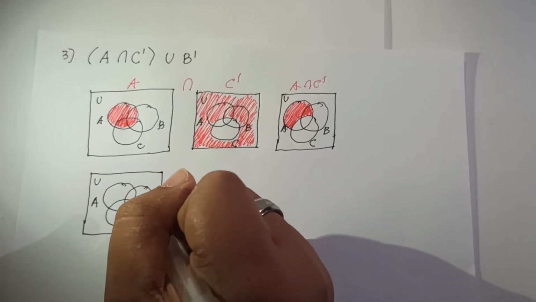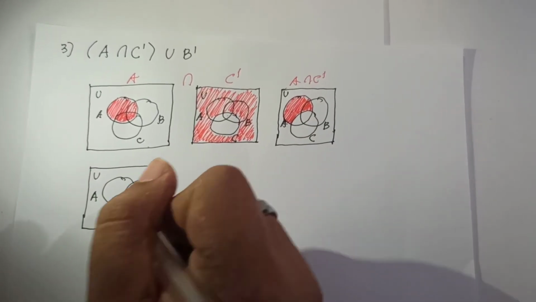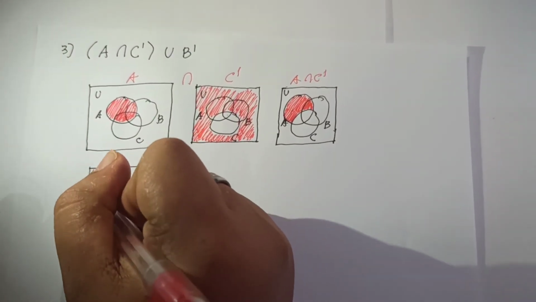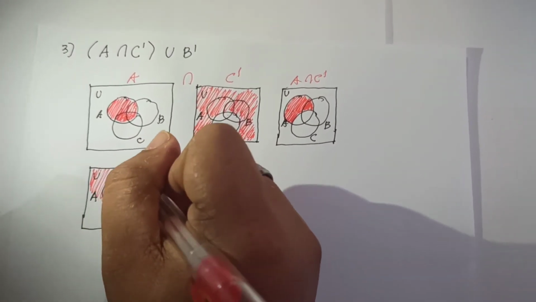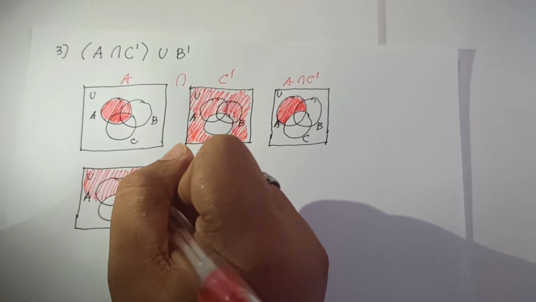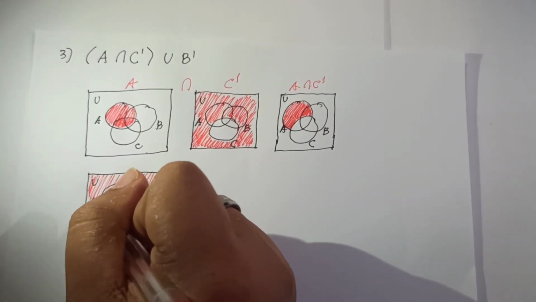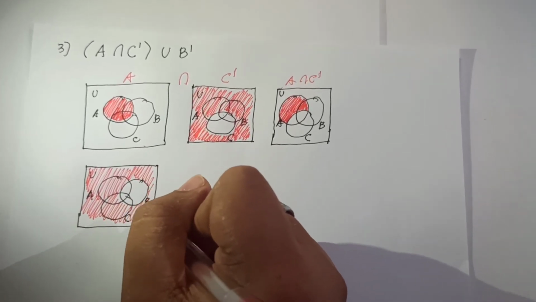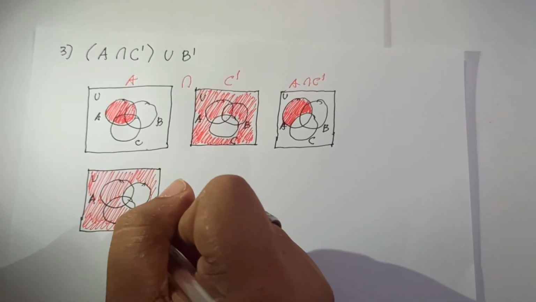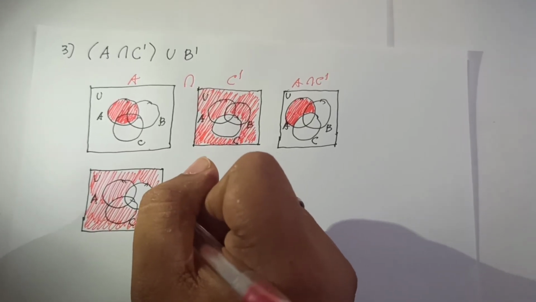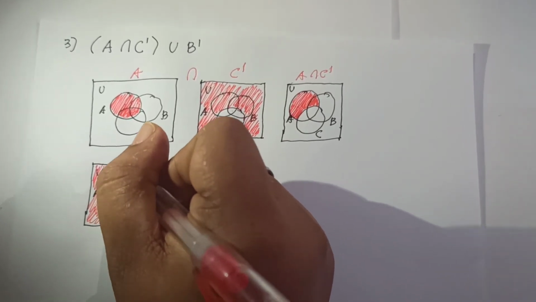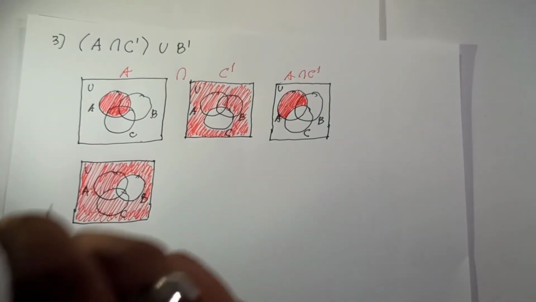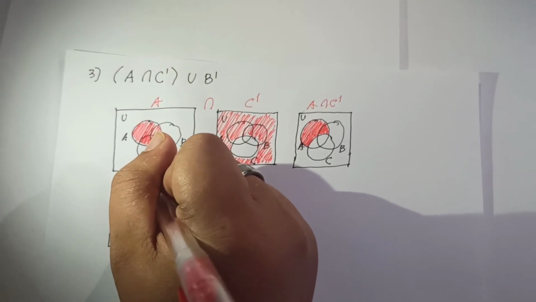So, A, B, and C. So, since we are going to talk about B prime, not included ang B in the shading. Okay. So si B lang po ang hindi included in the shaded portion. Okay, so this is B prime.